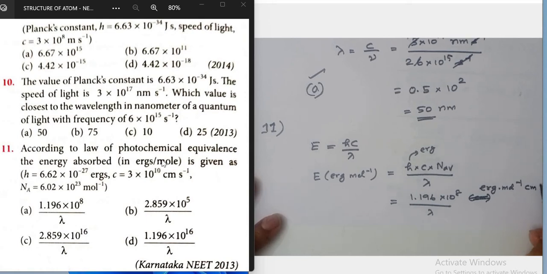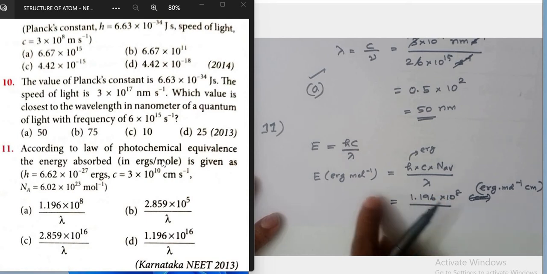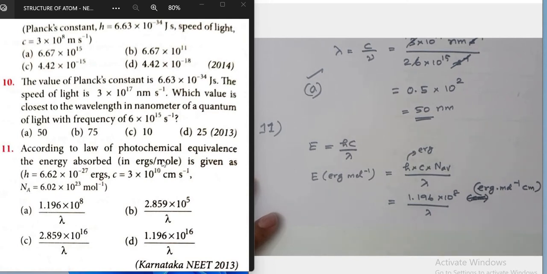In the denominator, if you put wavelength in centimeter, you will get the energy in erg per mole. Take note. So for this question, the correct option is A.